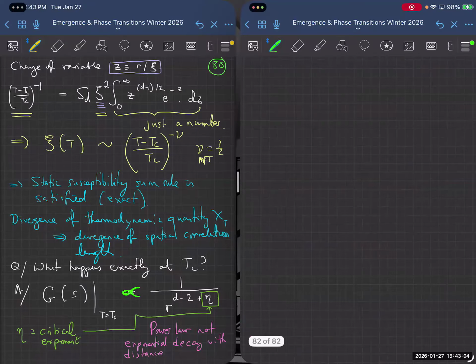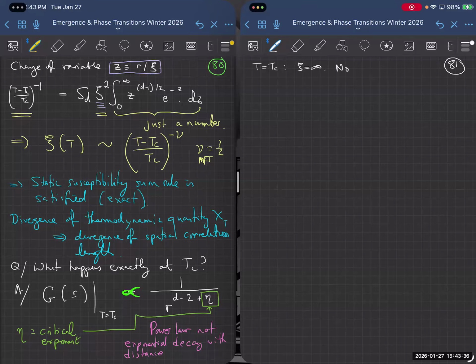So if I now look at the picture, the way to think about this is when I'm away from the critical temperature, there is a length scale over which correlations decay. As I go to the critical temperature, that length scale has gone to infinity. That means it goes out of the dimensional analysis. Now I've got no length scale. So at t equals tc, psi is equal to infinity.